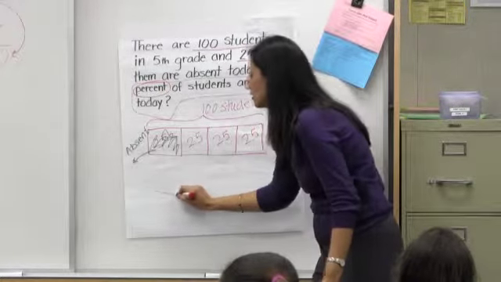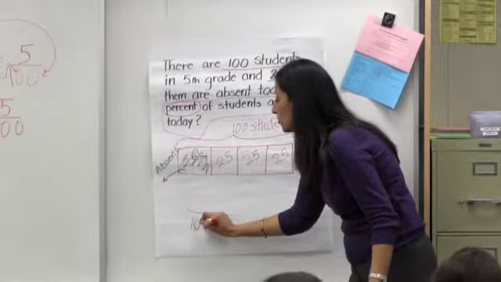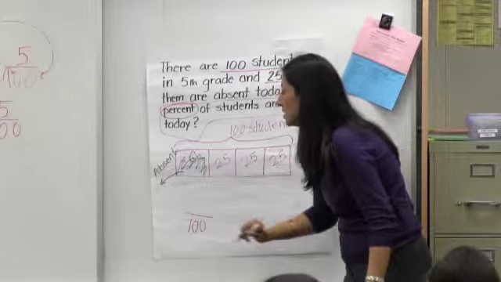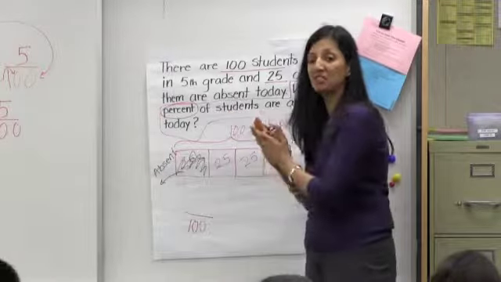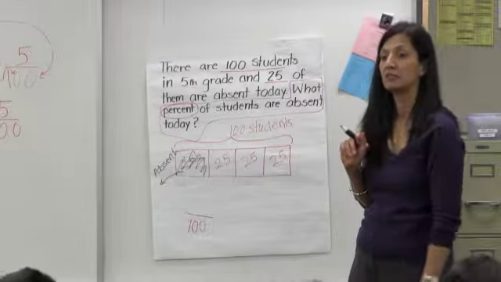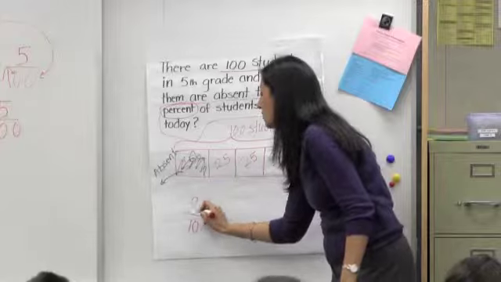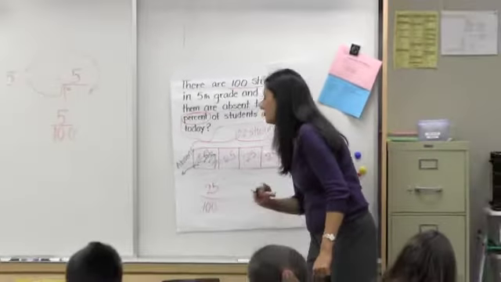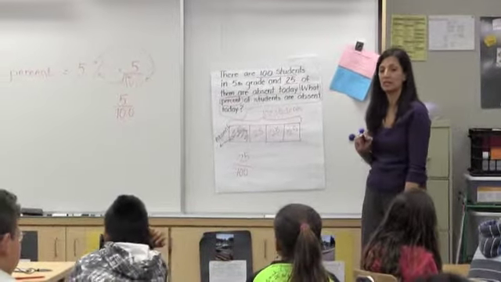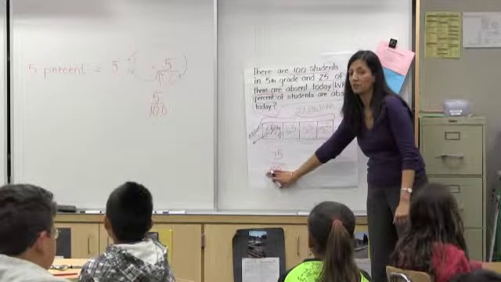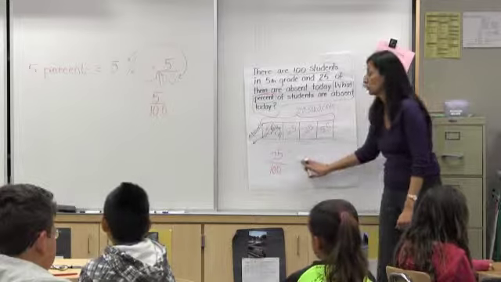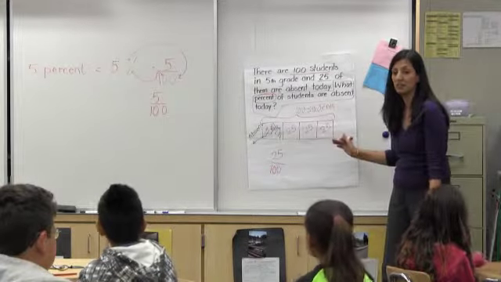Correct. So that goes and becomes part of my denominator. Now, what part of the whole is absent today? Ashley? 25. So 25 are absent today. That's right. And do I have a denominator which shows me that it's out of 100? Yes. So can I write it as a percent now?